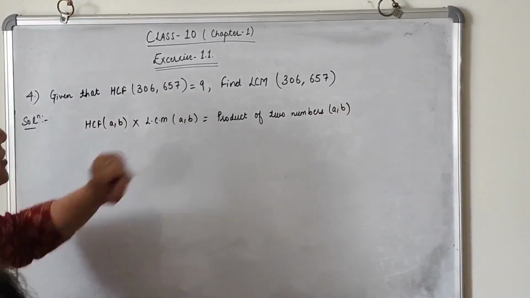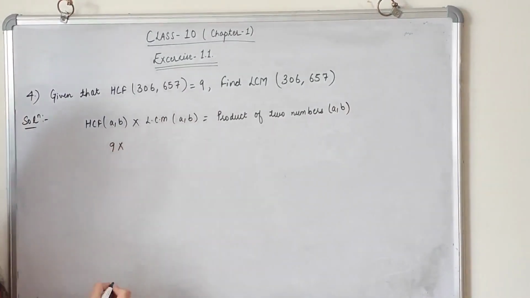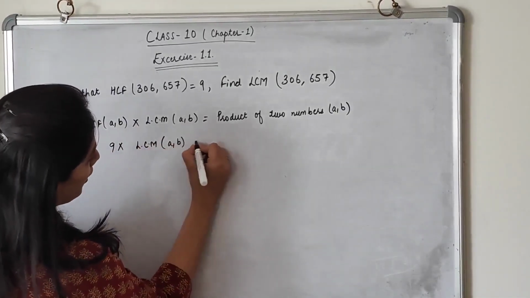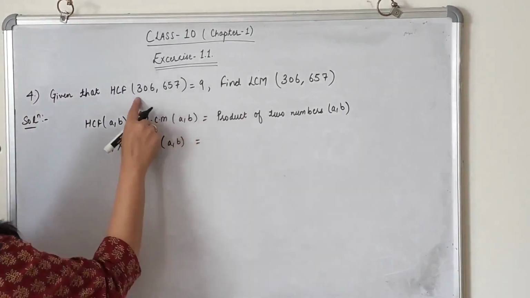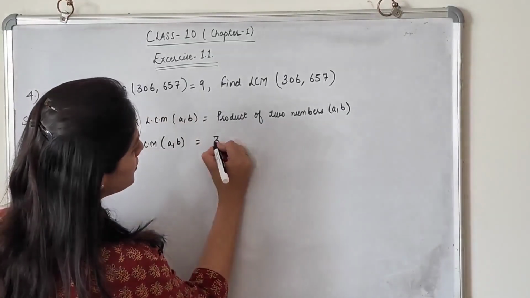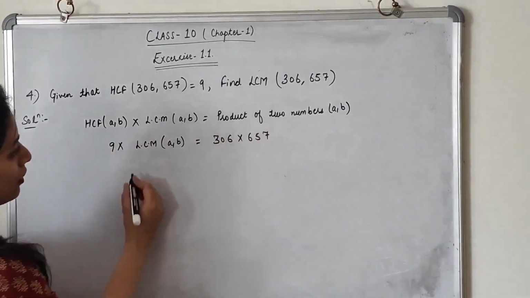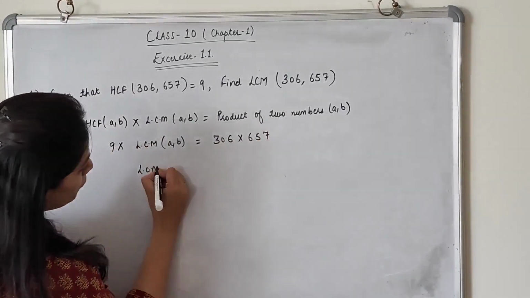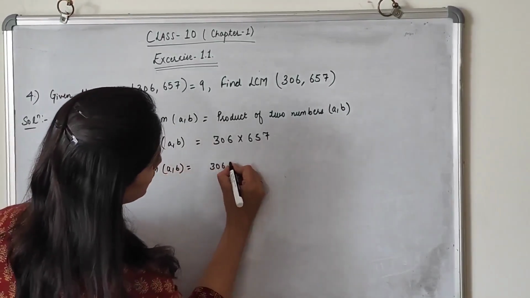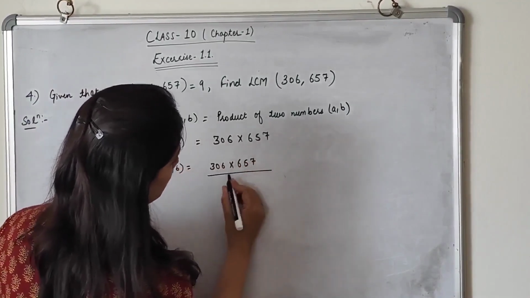So here HCF is given. What is the value of HCF? It is 9. We need to find LCM. And the numbers A comma B are given, which are 306 and 657. So LCM of A comma B is equal to 306 multiplied by 657 upon 9.